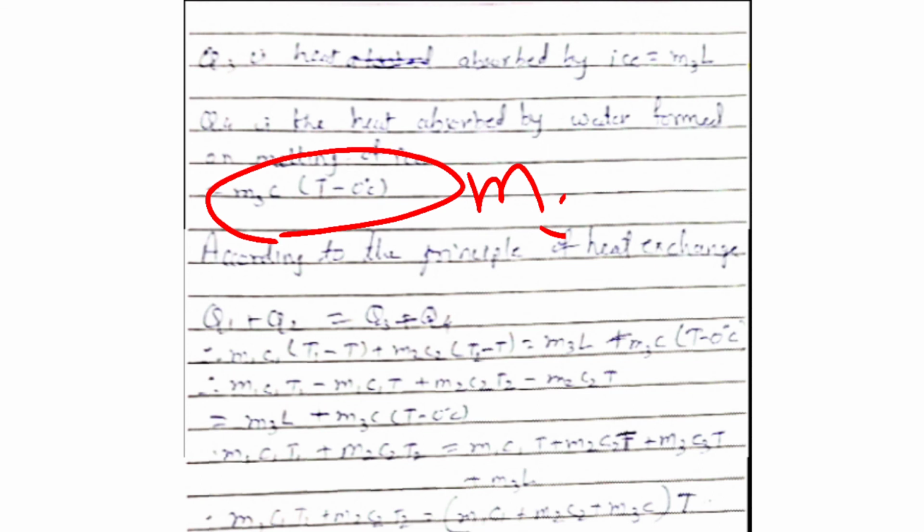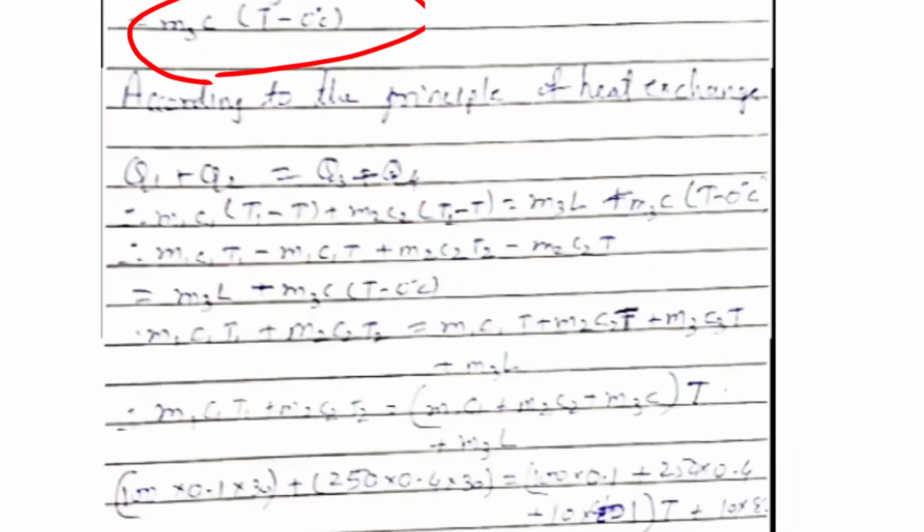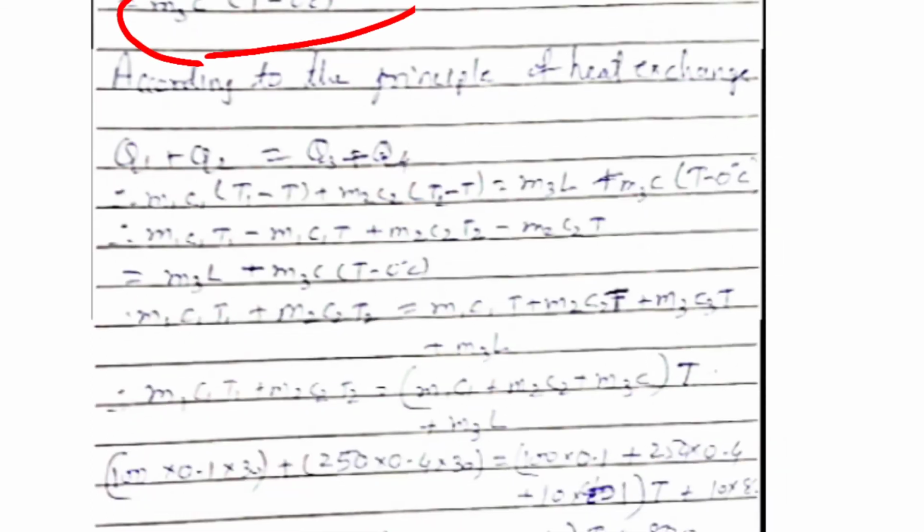So according to the principle of heat exchange, you will have Q1 plus Q2 is equal to Q3 plus Q4, right? So M1 C1 delta T1 plus M2 C2 delta T2 is equal to M3 L plus M3 C into T. T minus 0, we can write down T also directly, right? So what I am going to do, I am going to open the bracket.